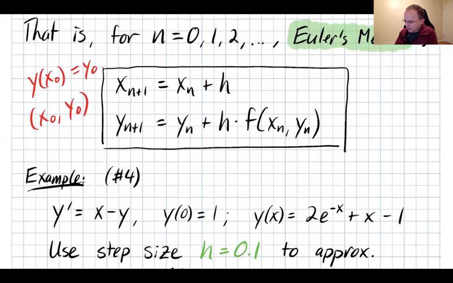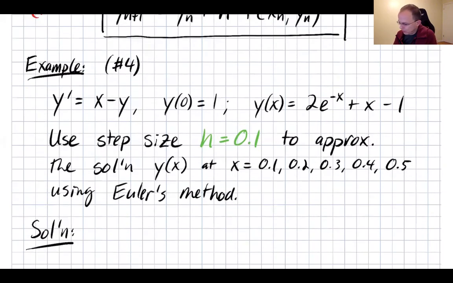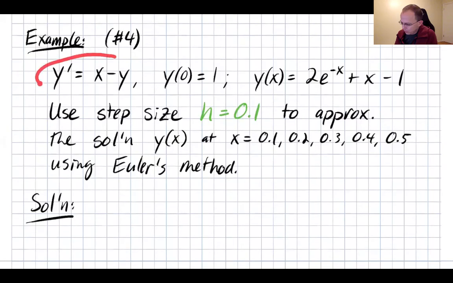So let's have a look at this differential equation here. Here's our differential equation, y prime equals x minus y. So this is our f of x, y. Here's our initial condition, x naught is 0, y naught is 1. And here is the true solution. We actually know how to solve these types of equations now, but we won't go through that.